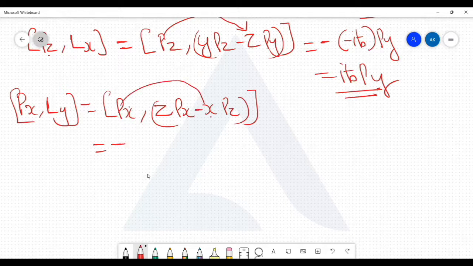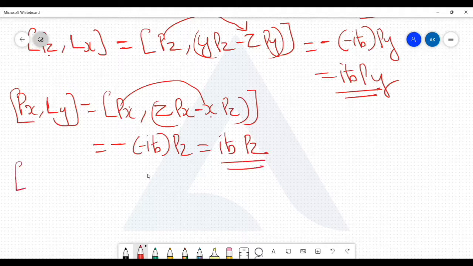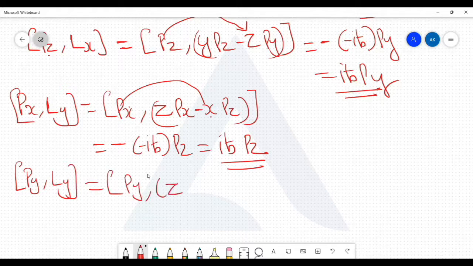Here is a minus. Px x will be minus iħ cross into pz, that is iħ cross pz. Then py with Ly, definitely it should be 0. Py Ly will be z px minus x pz. There is no y, therefore this should be 0.